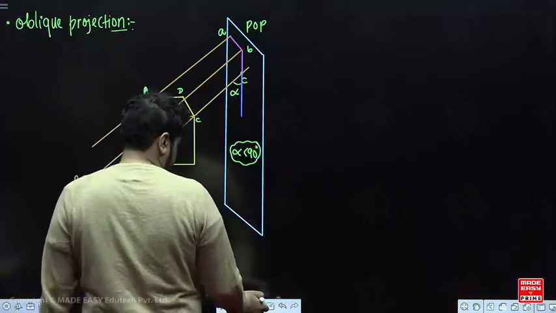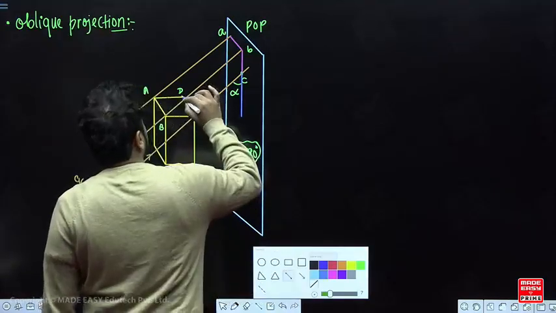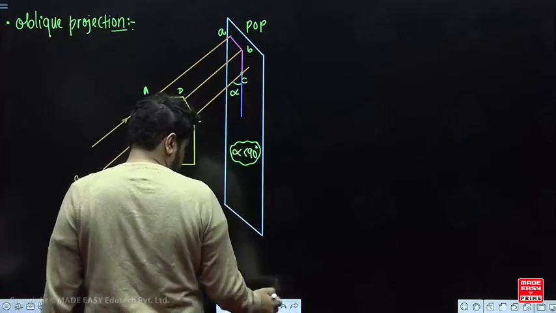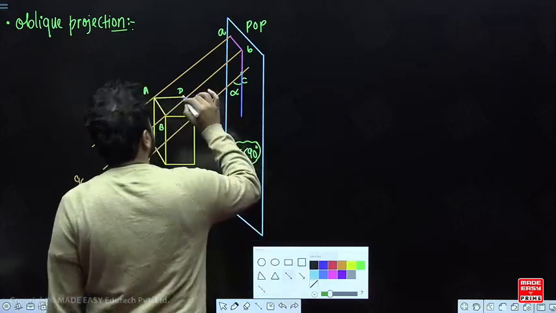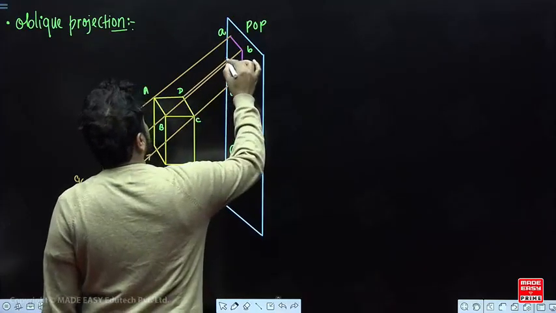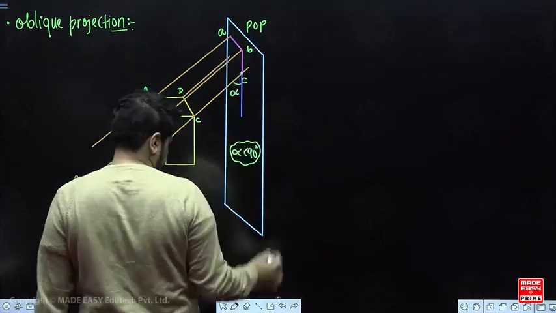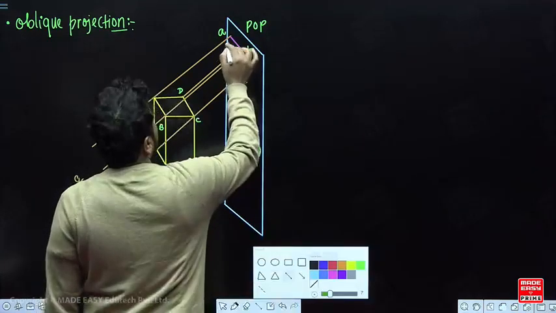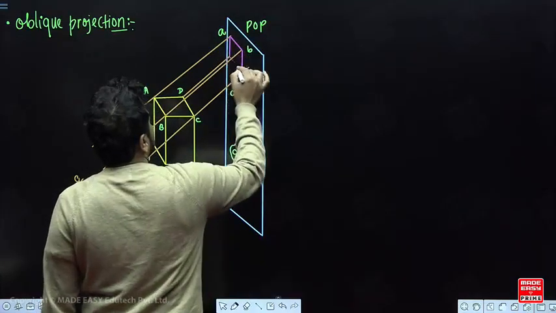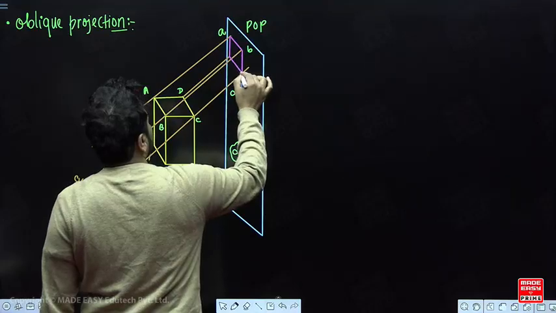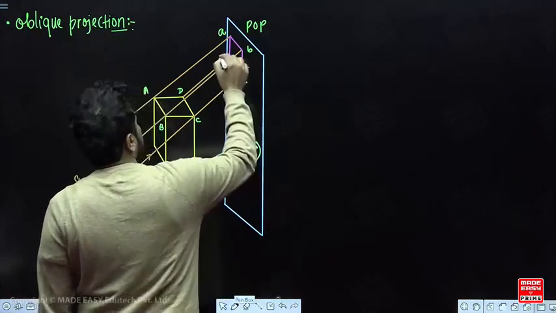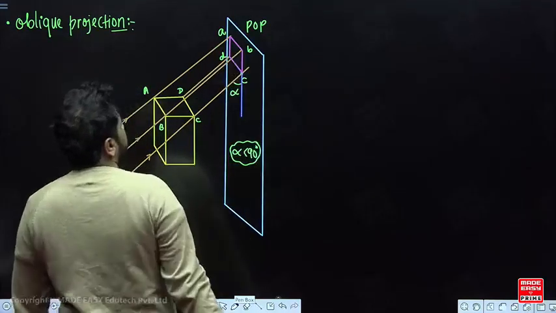If you want to draw D also you can draw it, but it will look a little crowded, so let me try it. Right, so this is your D, correct.